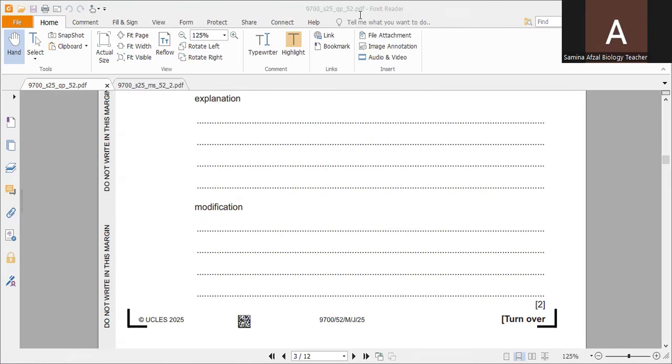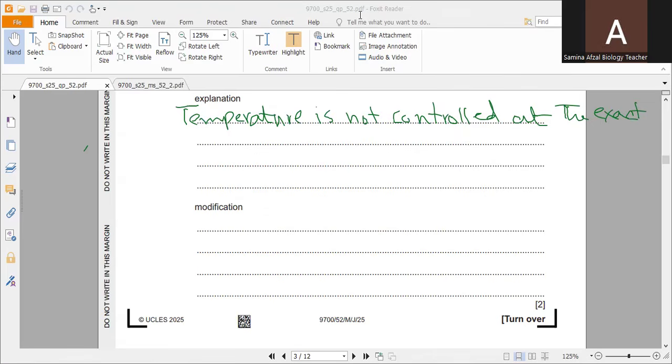So for this purpose, we should write the answer, that is, temperature is not controlled at the exact moment the reaction takes place.